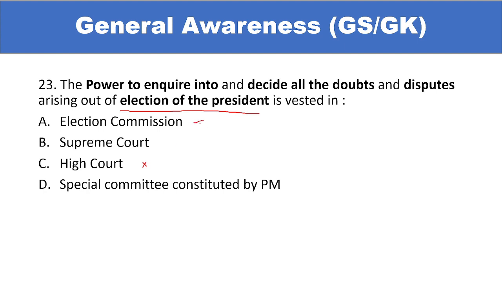We will have a 50-50 chance, either Election Commission or Supreme Court. We'll get stuck on these two only, and if our fate is not good on that particular day, we'll mark that wrong. The answer is Supreme Court. Disputes related to the election of the President are vested in the Supreme Court.